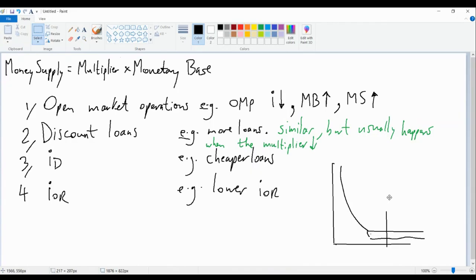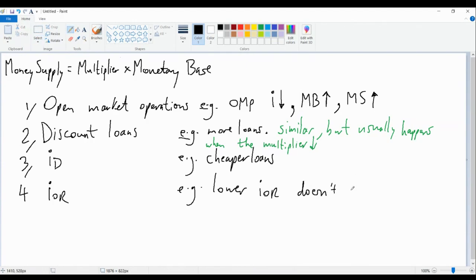But in any case, it should be clear that since changing the interest rate on reserves changes how happy the banks are to hold those reserves, it's not clearly having a direct impact, or a marginal impact, I guess, on the monetary base.